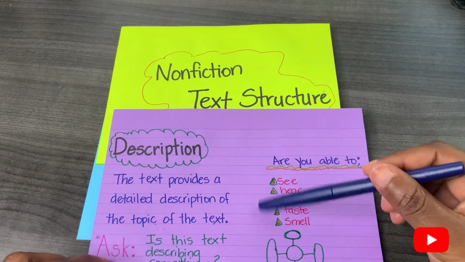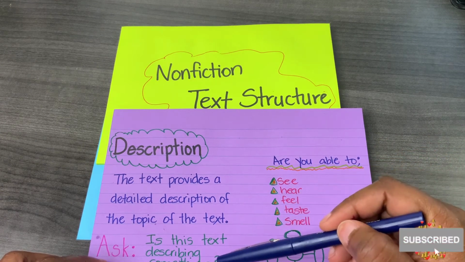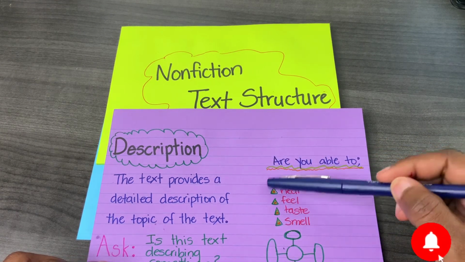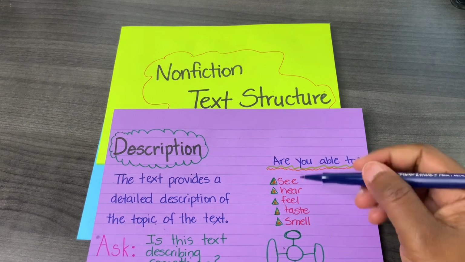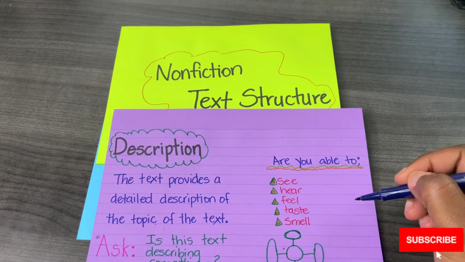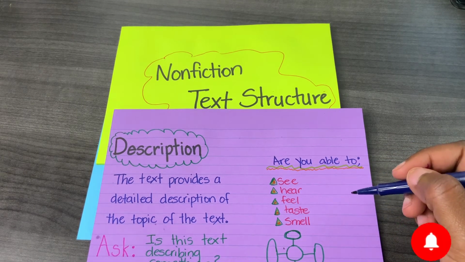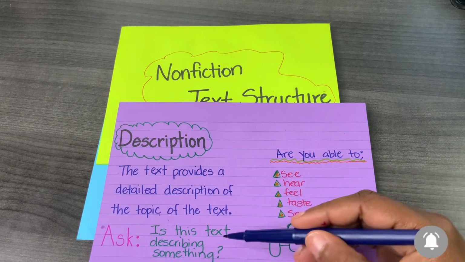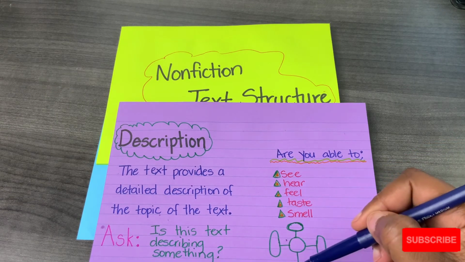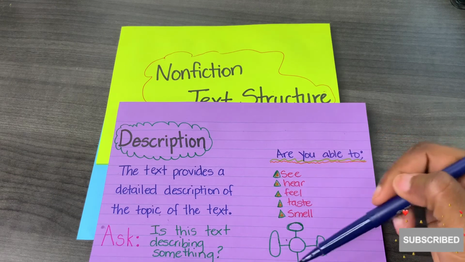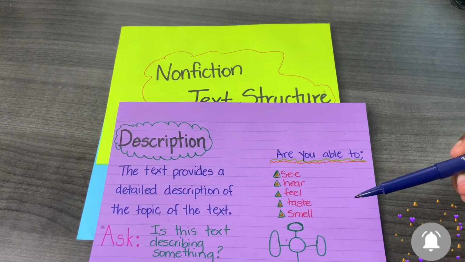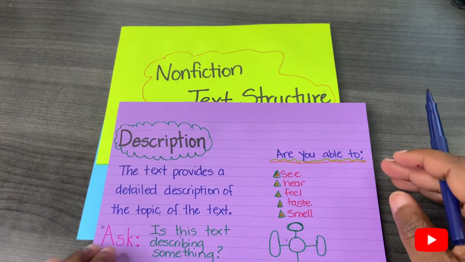When you're done reading, they're basically telling you all the details you need to use all of your senses. Now, ask yourself, is this text describing something? If that's what the majority of your text is doing, it's a description text.